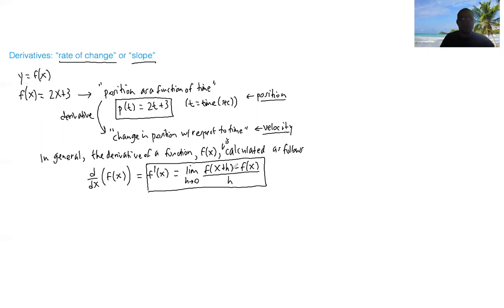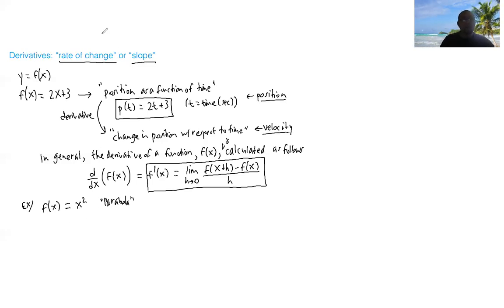So the best way to learn this is, for me at least, through an example. So let's take as an example the function that we all know and love, the parabola. f of x is equal to x squared. Again, this is your parabola. And let's say I want to take the derivative or find the rate of change of this function, okay?